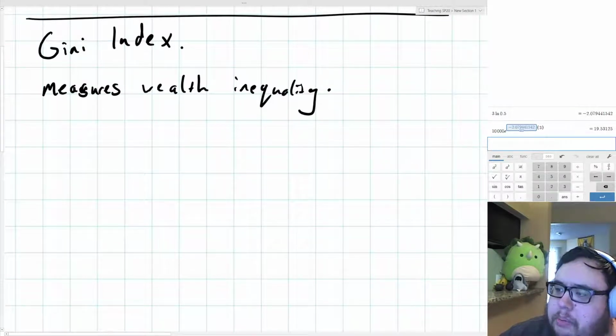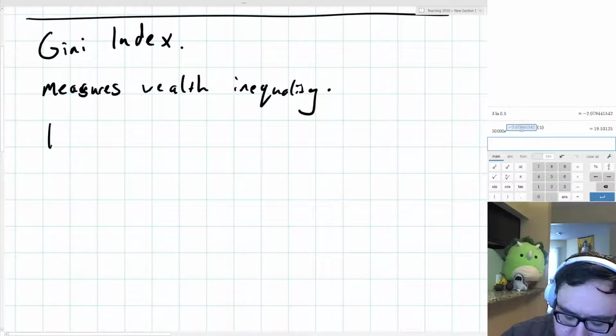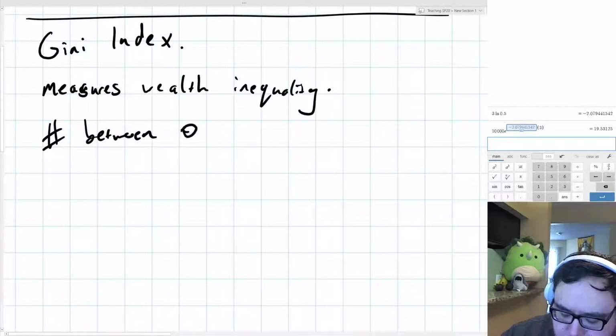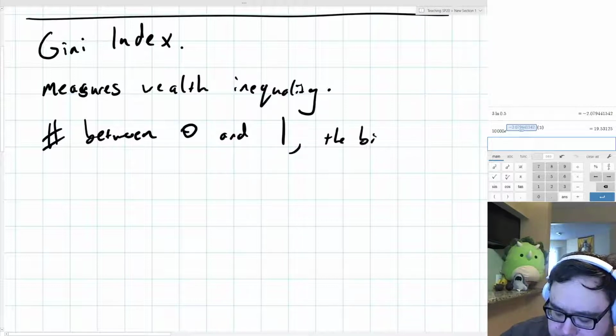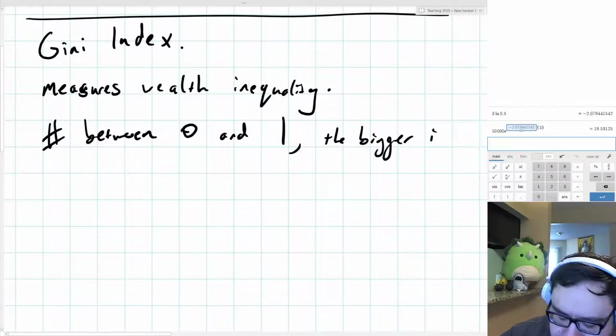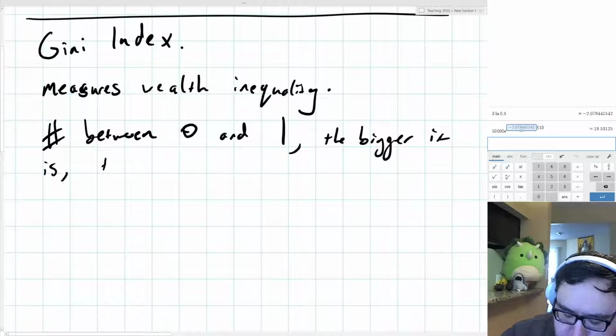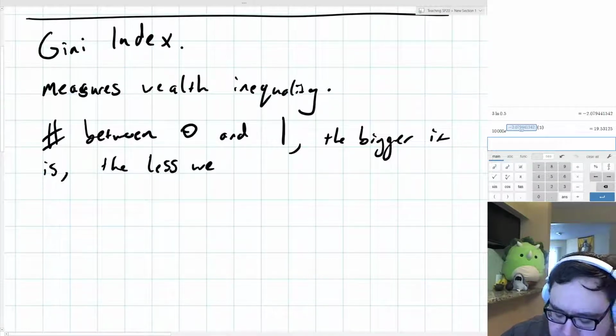It's a number between 0 and 1, and the bigger it is, the less equity, or equality, there is.